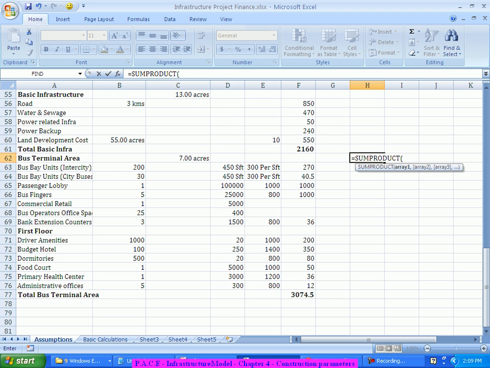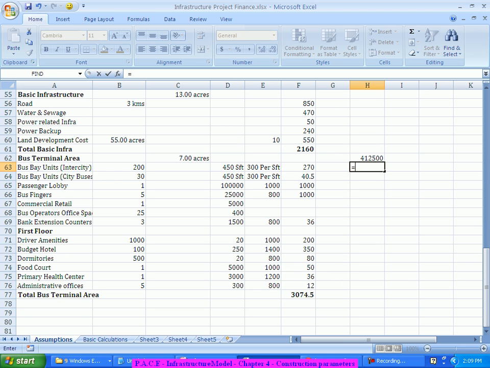So I am saying sum product of all these numbers, comma, all these numbers. This will tell me the total area that I am occupying, which is around 4,12,000 SFT.